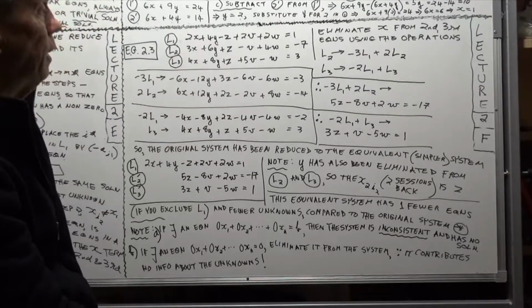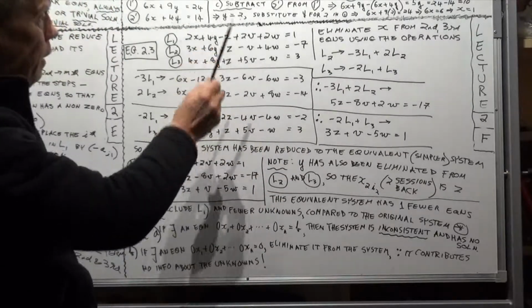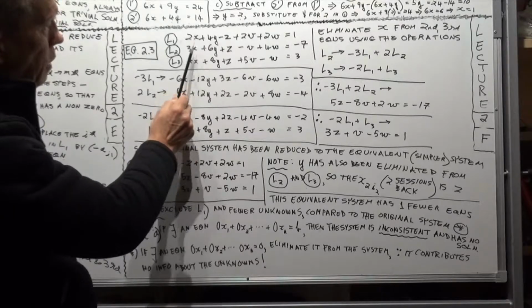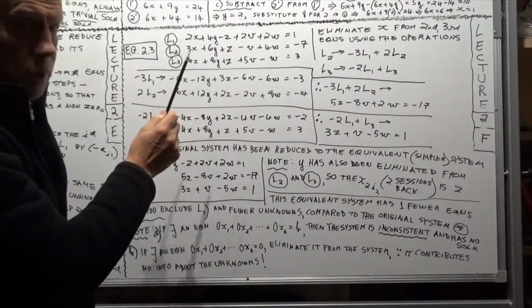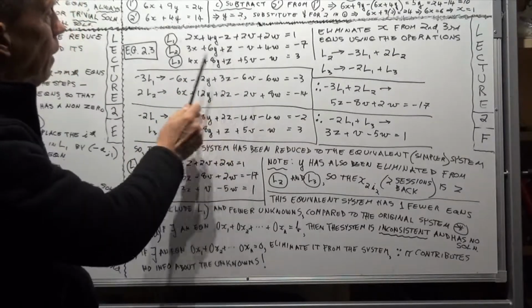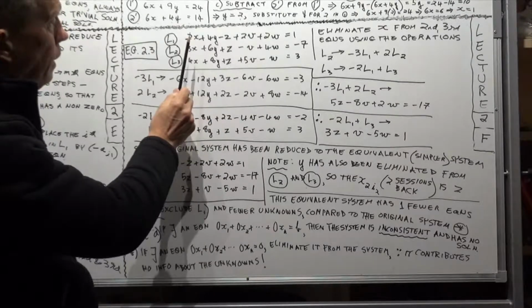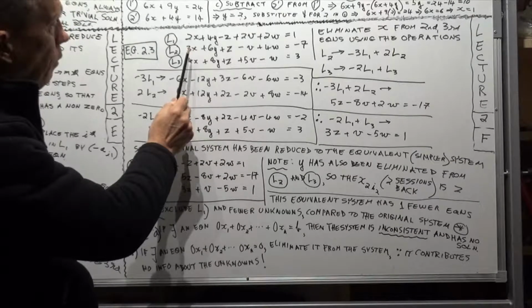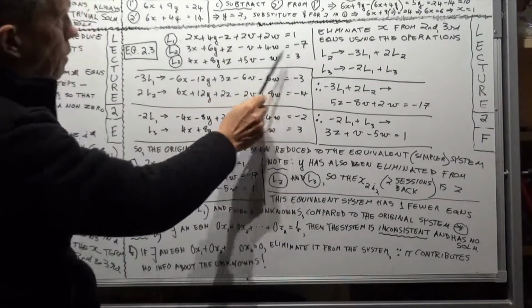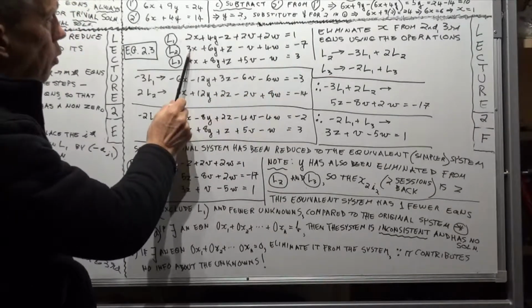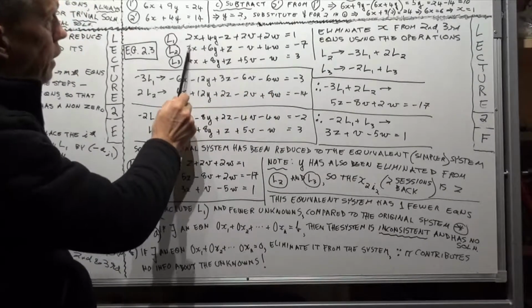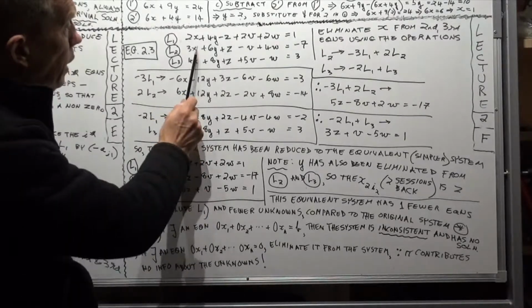How to do that? Well, the trick is you have a look at this coefficient and you have a look at this coefficient, and then you do the following trick. We want to shorten this equation, so we want the coefficient here to be 0, so that we eliminate this x term.